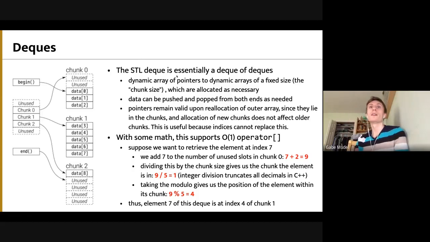So this can support everything we want it to, including this O of 1 square bracket operator, which is awesome because we can do some simple floor division and modular arithmetic to get to the exact index that we want.